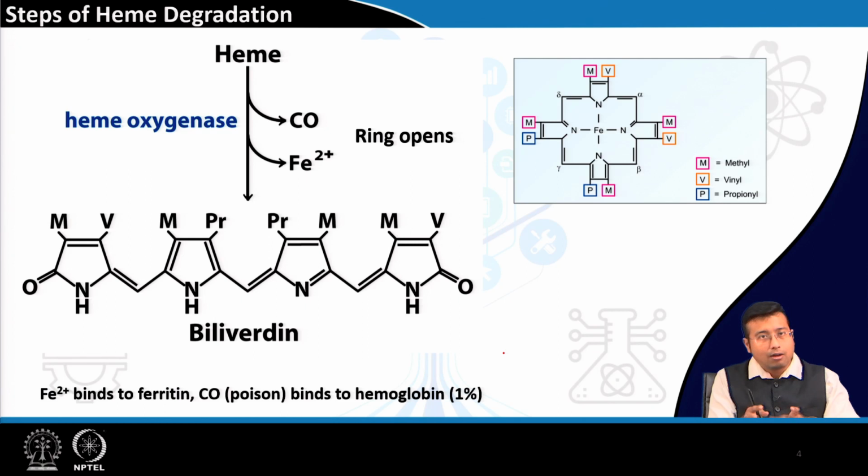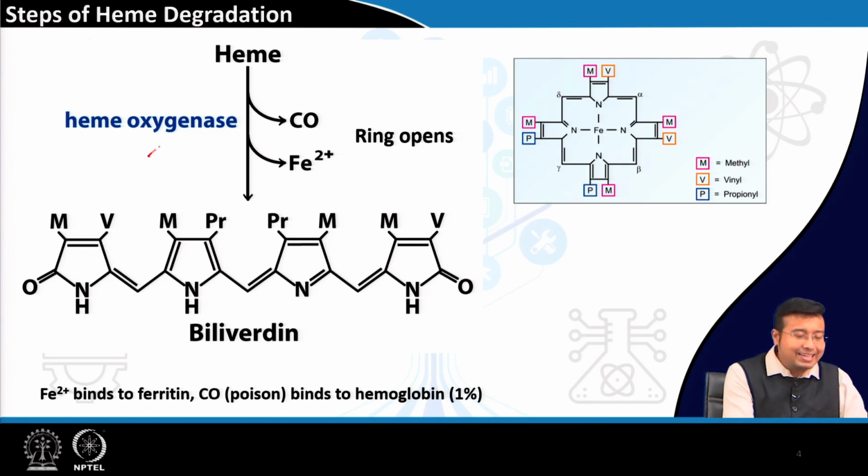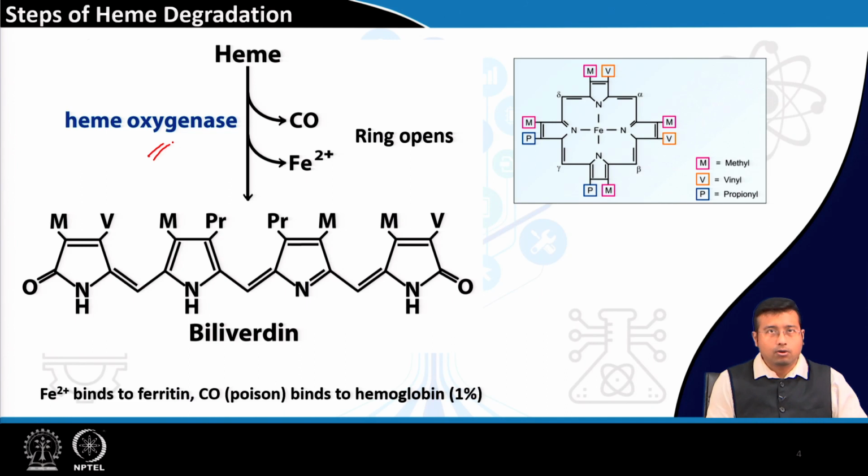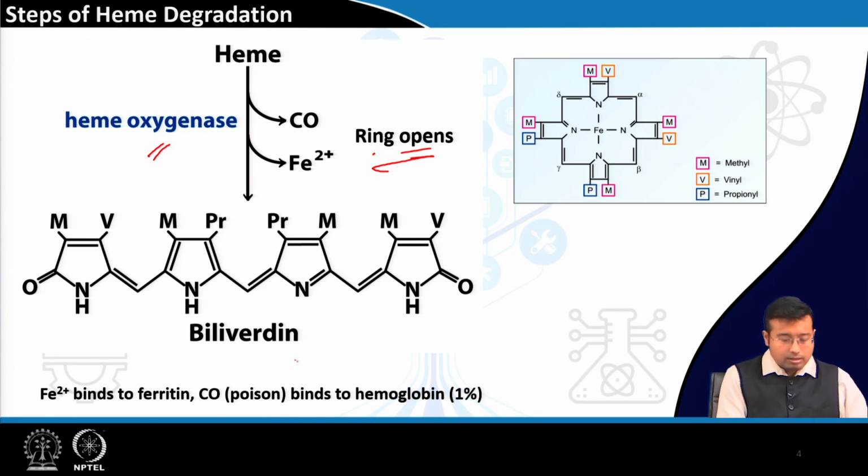So, free heme, once it is out of the RBCs, is acted upon by the enzyme heme oxygenase. The ring opens; heme was a cyclical structure, so the ring now opens to form a linear tetrapyrrole structure, which is biliverdin.